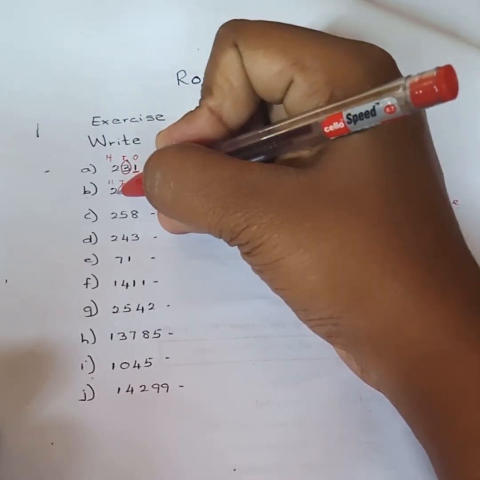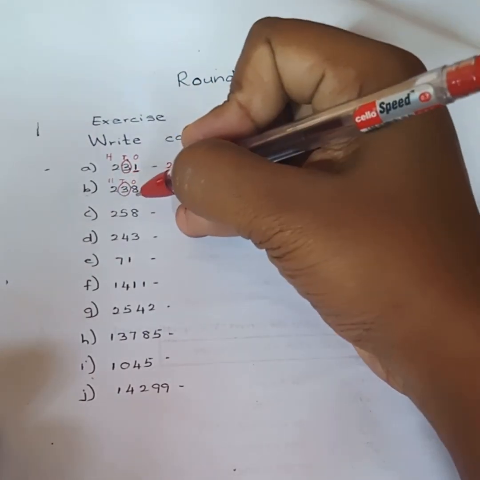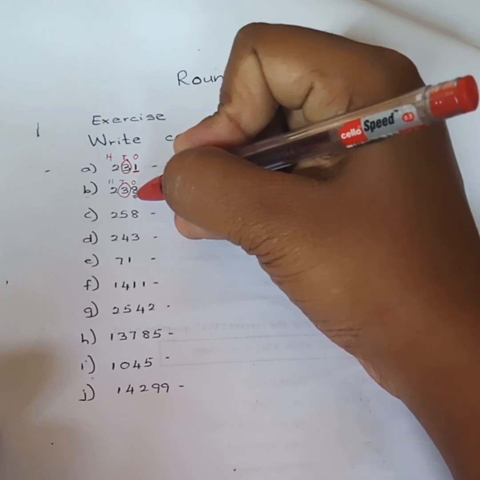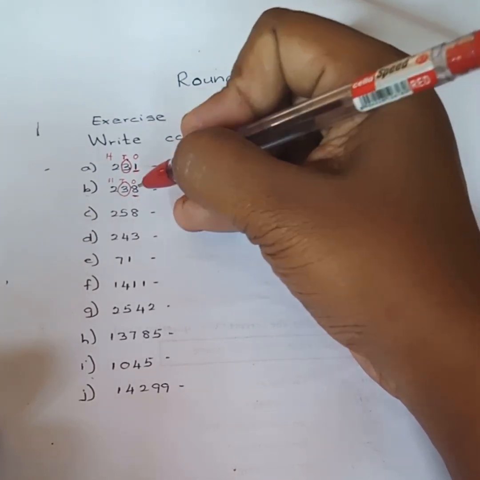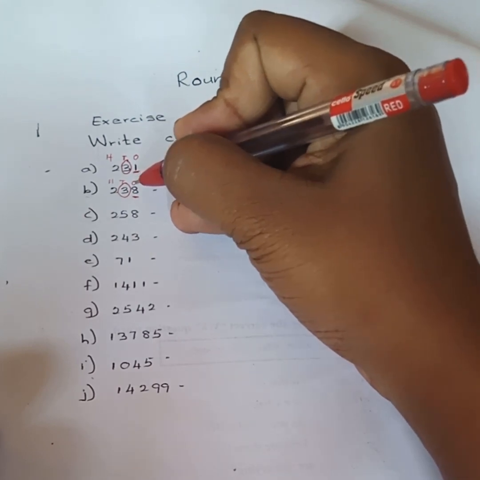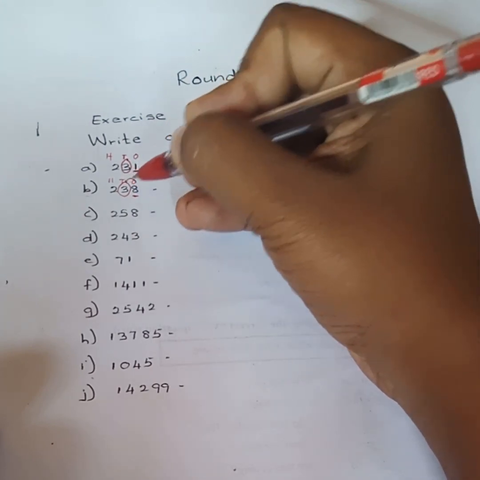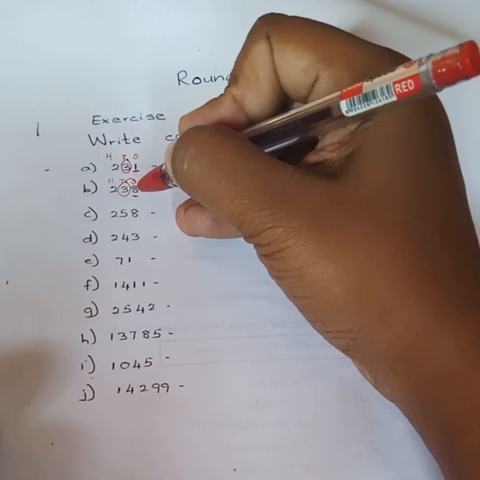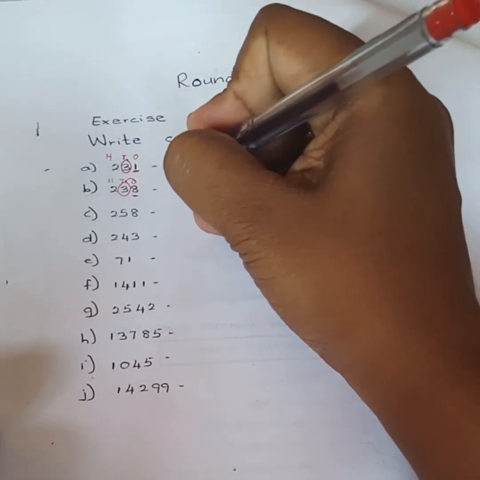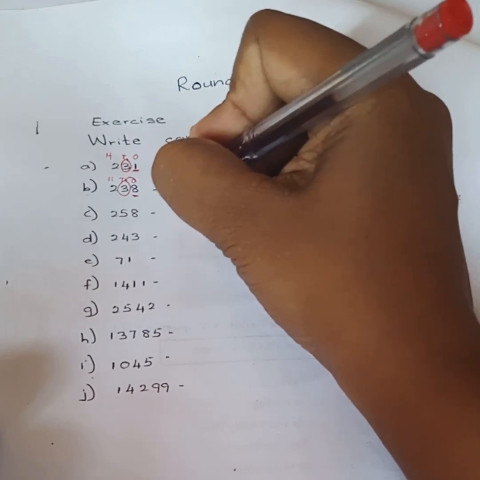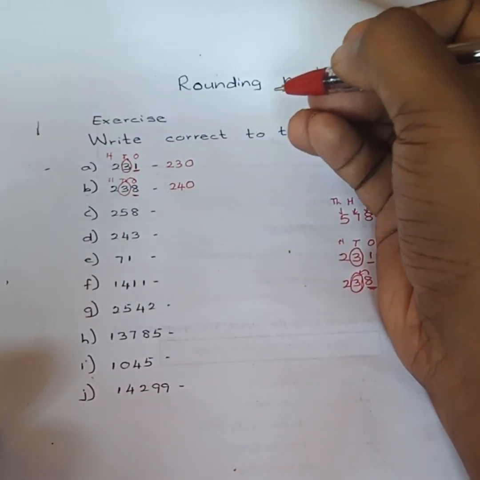The tens value is 3. You have to consider the next door value, 8. If the number is 5 or more than 5, you have to add 1 to the tens column. So when you round off 238 to the nearest 10, the answer will be 240.